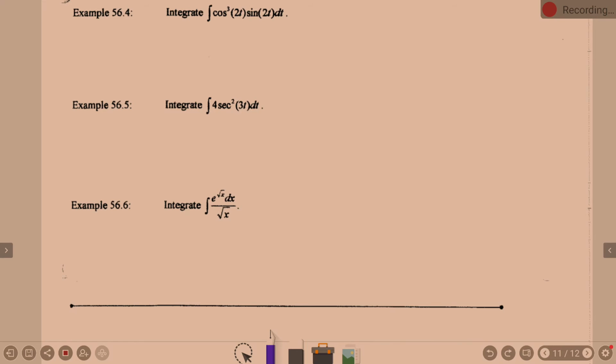So just think about it's cosine to the third. So what is the integral of something to the third? Something to the fourth. You see where I'm going with this? Okay. So start with our guess here.